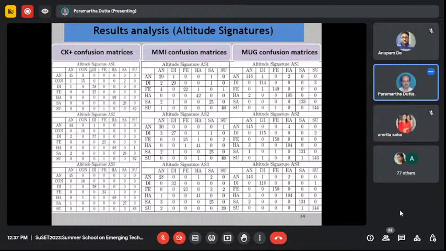For CK plus, corresponding to three altitudes, these are the classifications or accuracies reported. For MMI, these three. For MUG, these three.